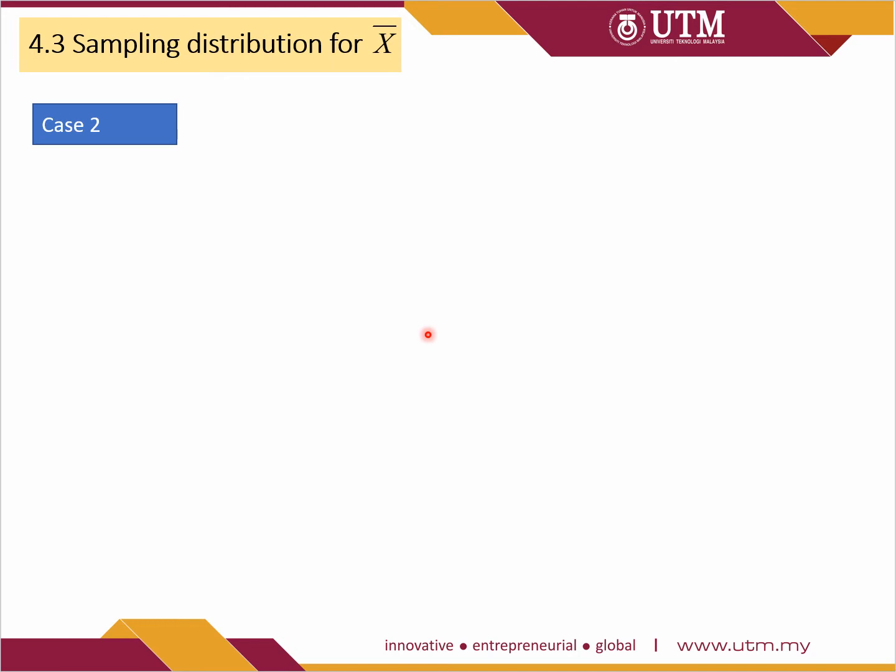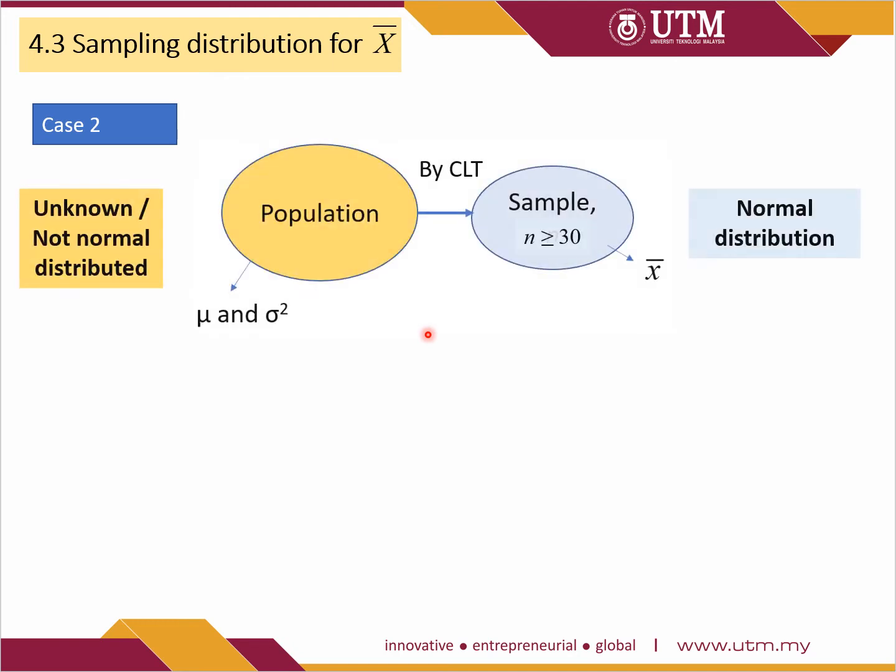And now this is for case 2. If we are sampling from a population with unknown distribution, or it is not normally distributed, the sampling distribution of the mean will still be approximately normal with mean mu and variance sigma square over n, provided that the sample is very large, where n should be greater than or equal to 30.